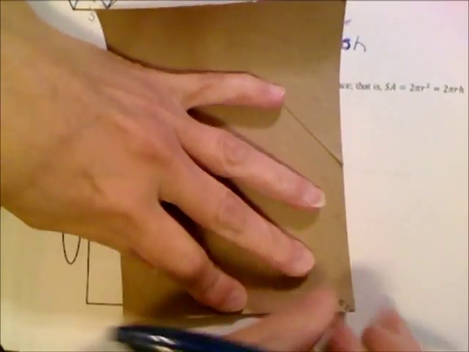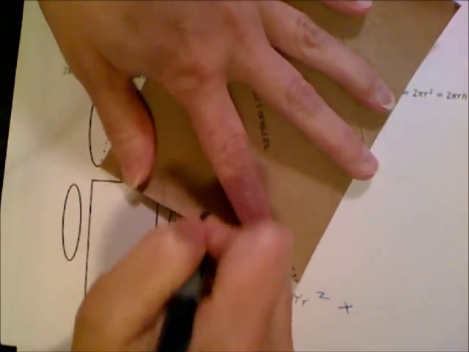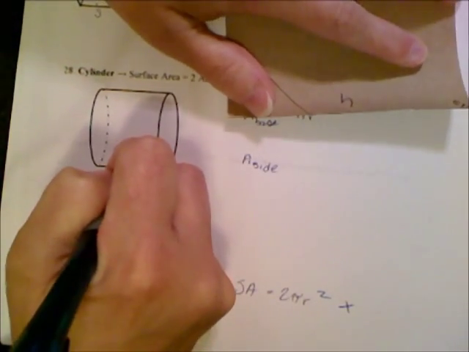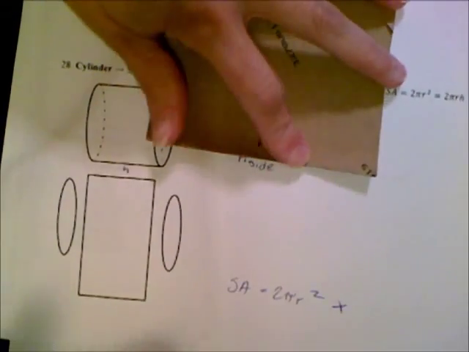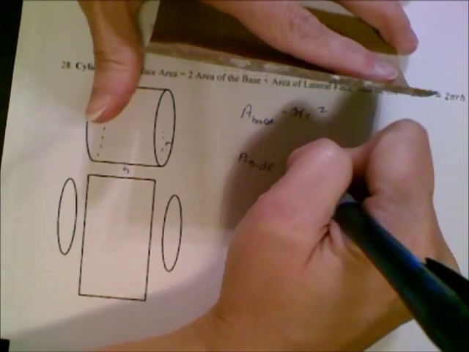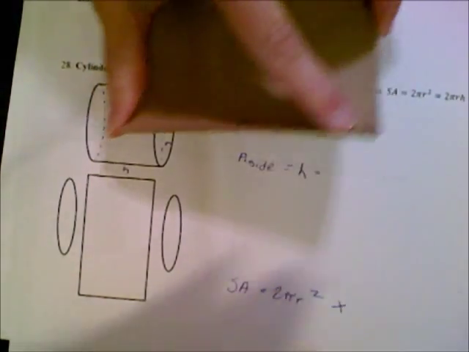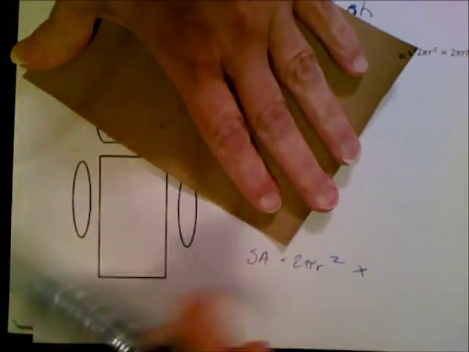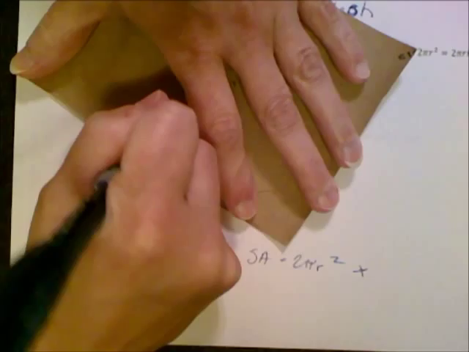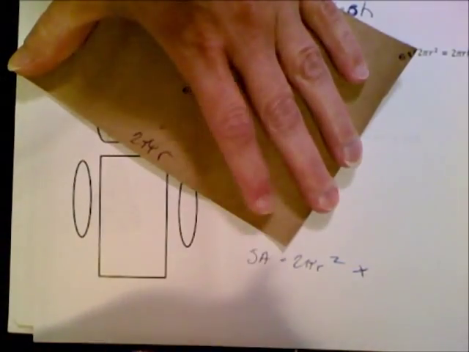So the distance along this side is the height of the cylinder. Remember, I have a rectangle. What is the distance of this side? Well, I can roll it up. So what is it? It is the circumference. So it's 2 pi r.